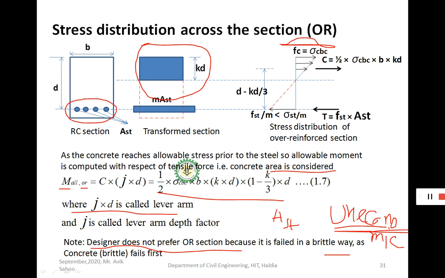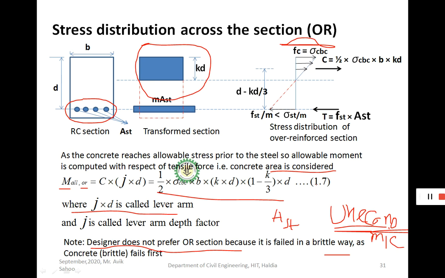The three sections are used in working stress method, but in limit state method only two sections are used, balanced section and under-reinforced section. Over-reinforced sections are not used, because in limit state method, if I check the criteria and find that the section is over-reinforced, then the section should be redesigned.